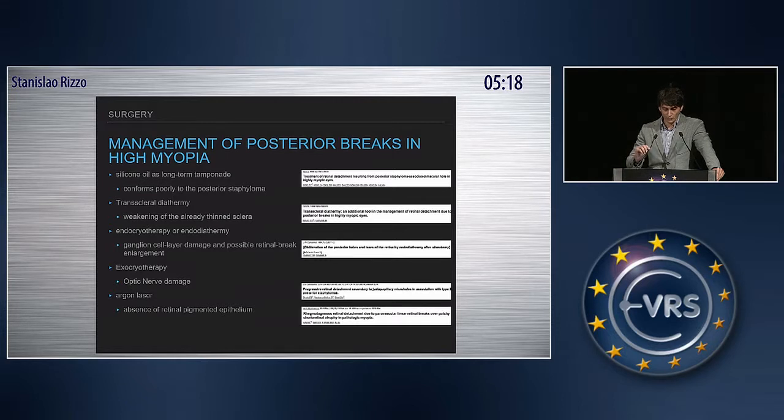Many surgical approaches have been established over the years for the management of this kind of retinal detachment, with not a full rate of retinal detachment resolution, and with some side effects.